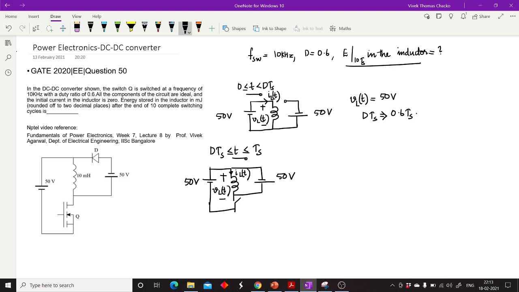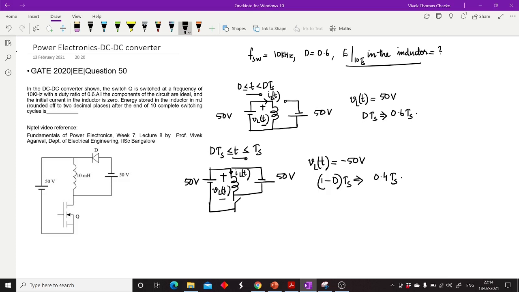So in this case, the inductor voltage vL of t is minus 50 volt, and this interval is for a duration of 1 minus d Ts, which implies the effective duration is 0.4 Ts.